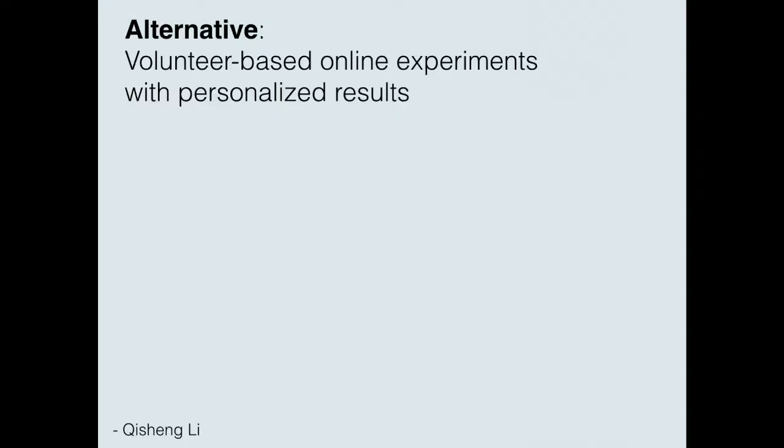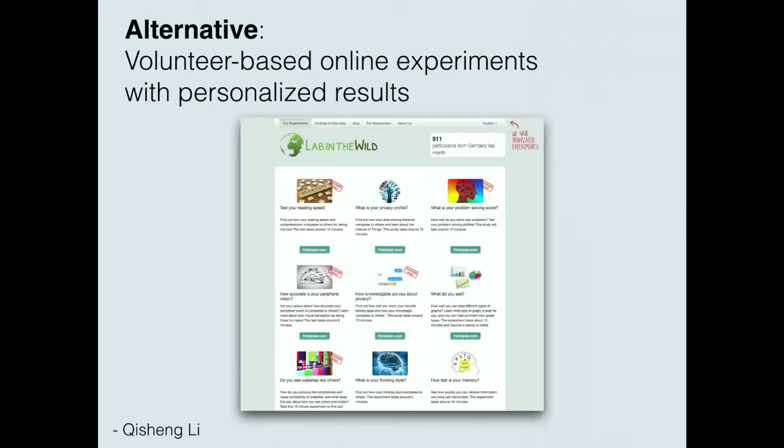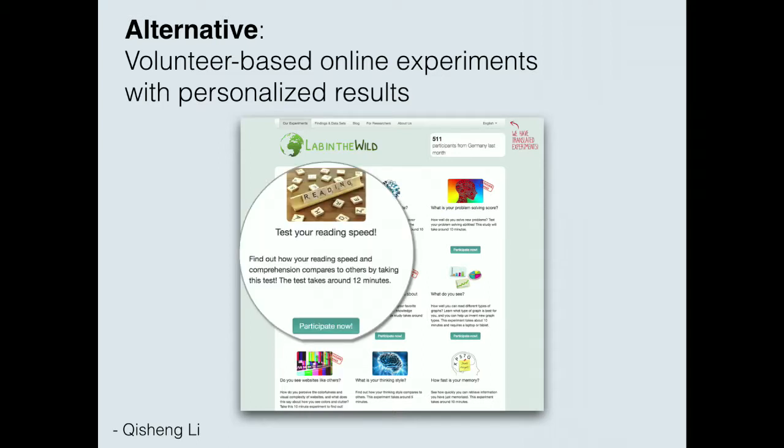Our work is trying to evaluate whether volunteer-based online experiments with personalized results can be an alternative to recruit and study people with disabilities and older people. One example of an online study platform with volunteers is Lab in the Wild. People choose a study based on the logo, slogan, and short description of the test.